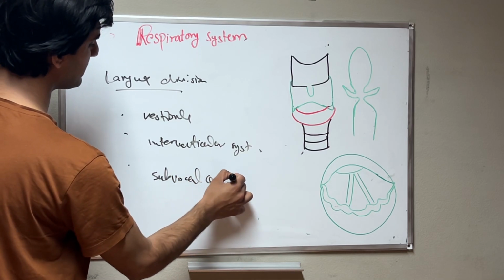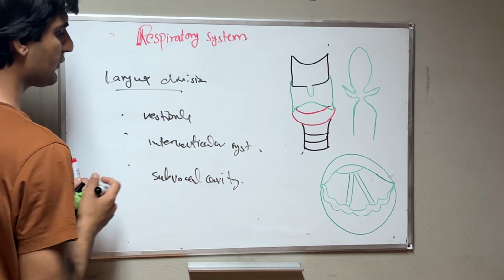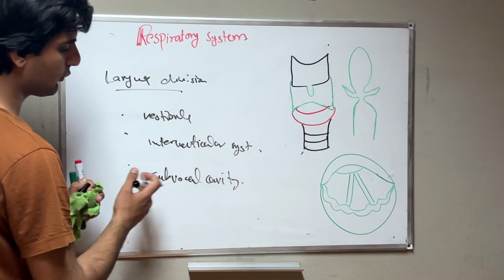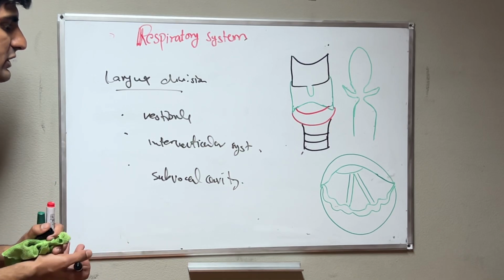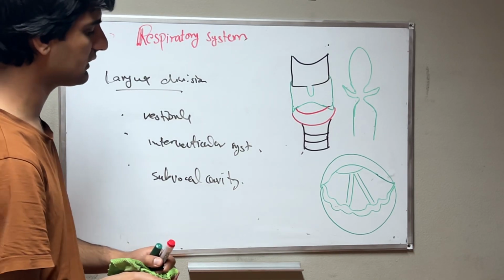This is according to Sapin: vestibular, interventricular system, and subvocal cavity. Now I will show where each one is.